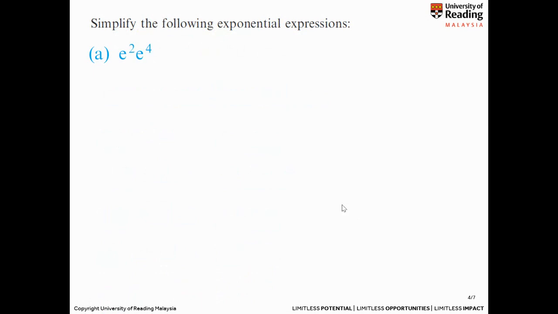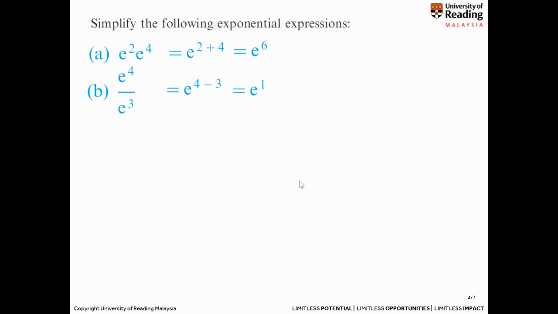Now we shall use the law of indices to simplify exponential functions. What is your answer for e squared times e to the power 4? I'm sure you can get the answer correctly as e to the power 6. Next, when you divide, you use the second law of indices and subtract the indices.